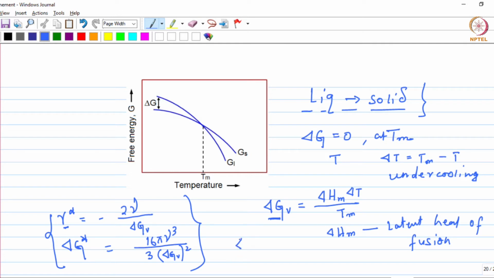So higher delta T means higher nucleation also. And you may also know that a high cooling rate promotes a high undercooling.